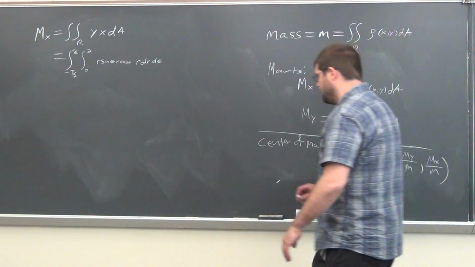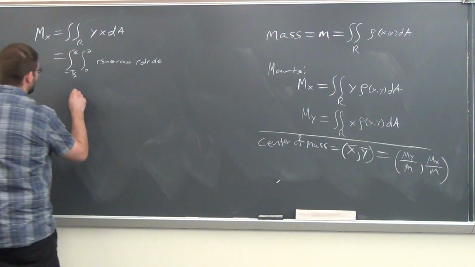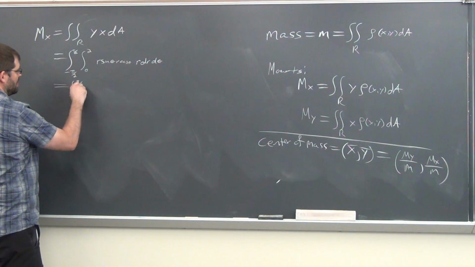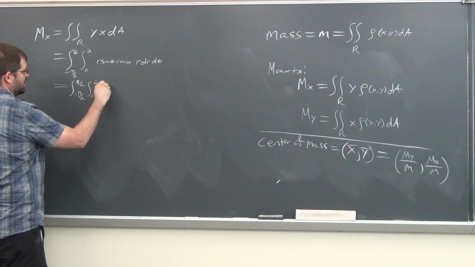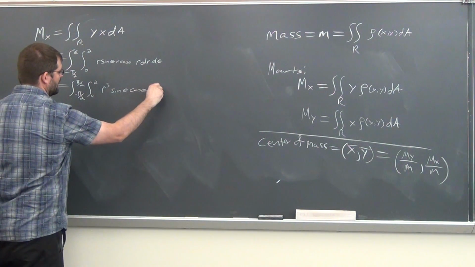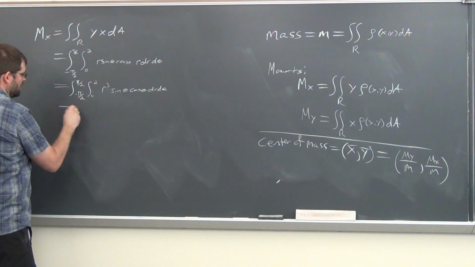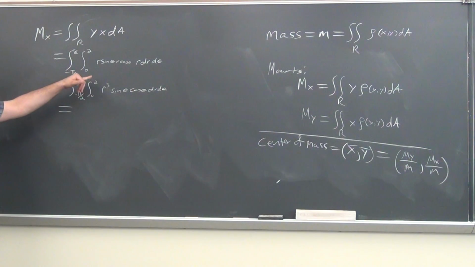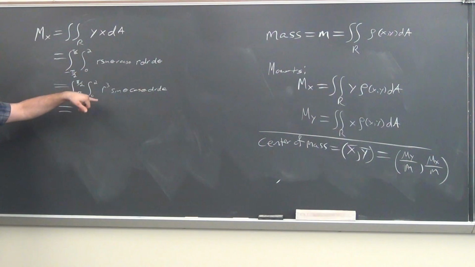All right, so I'm going to go through this one a little quicker than the last one. We end up with r cubed, sine of theta, cosine of theta, dr d theta. So when you integrate the r, what do you get? R to the 4th over 4, and then you plug 2 and 0 in.